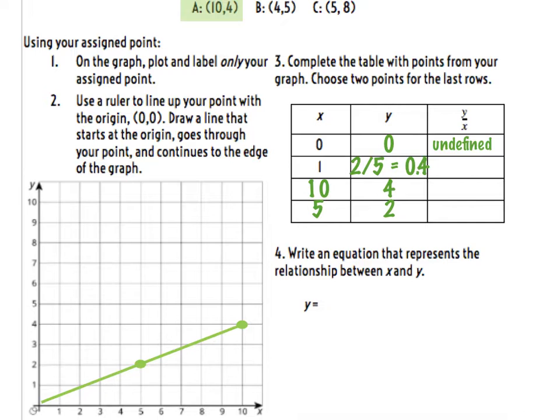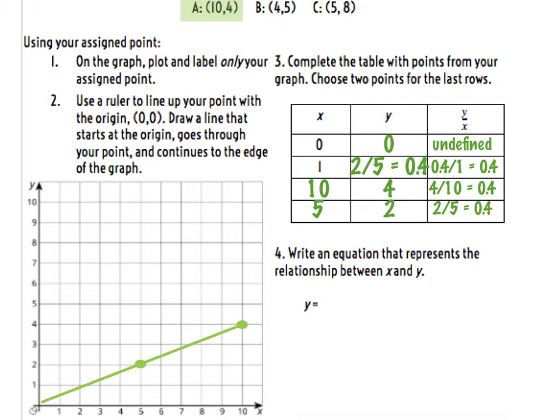So now all my ratios are defined for all the other numbers. If I have the ratio of y to x, that would be 2/5 or 0.4. 4 to 10, that would be 4/10 or 0.4. And if it's 0.4 to 1, that's just going to be 0.4 or 4/10. So we have a constant ratio, we have a constant multiplier.